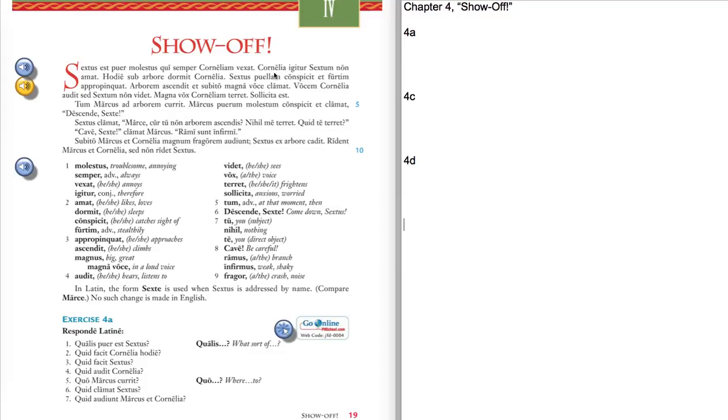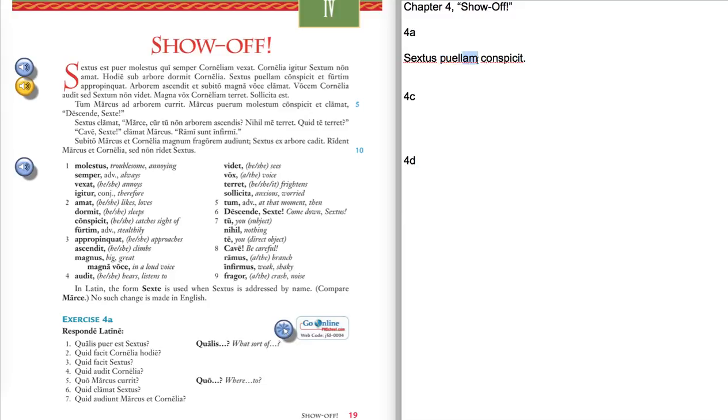So this, by the way, is an example of a direct object. Maybe I should just do this over here for a second. Sextus puellam conspicit. Sextus is the subject of the sentence. He is the one doing the action of this verb. Sextus sees or catches sight of or spots a girl, the girl, Cornelia.